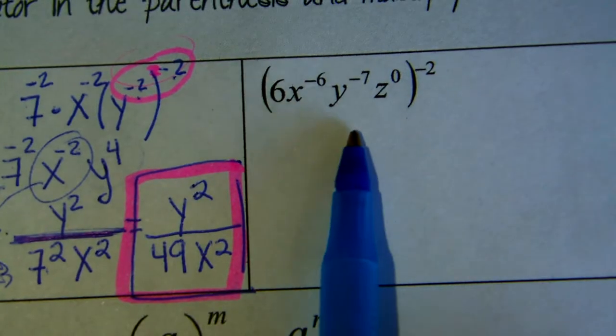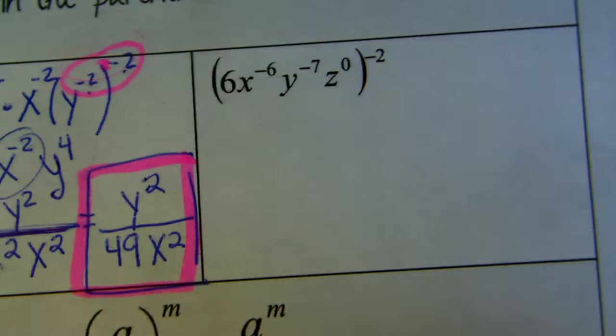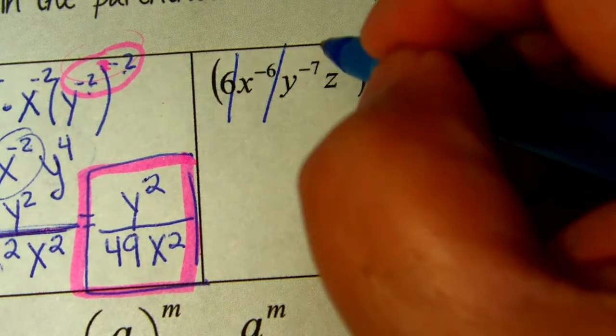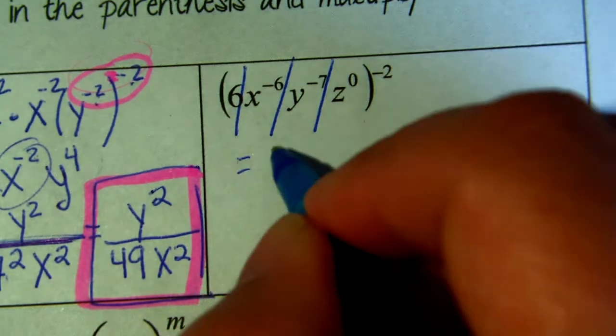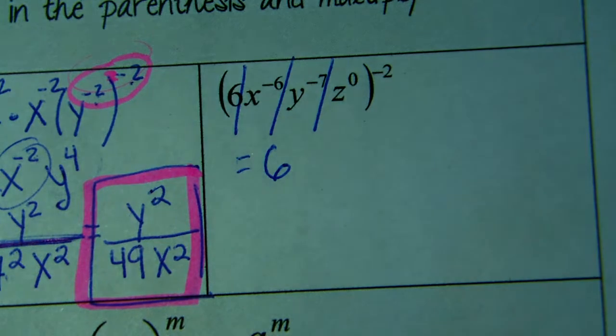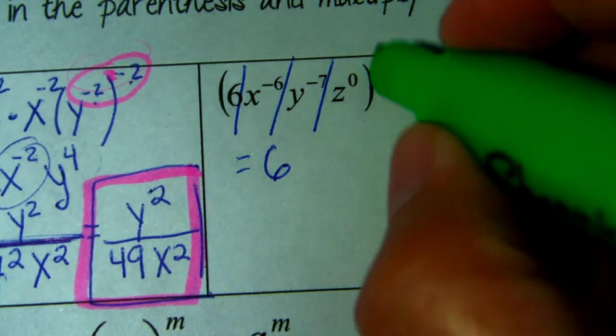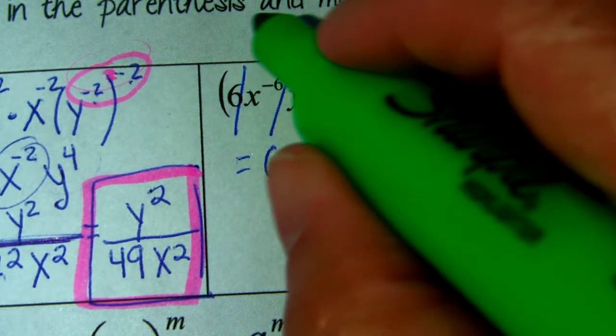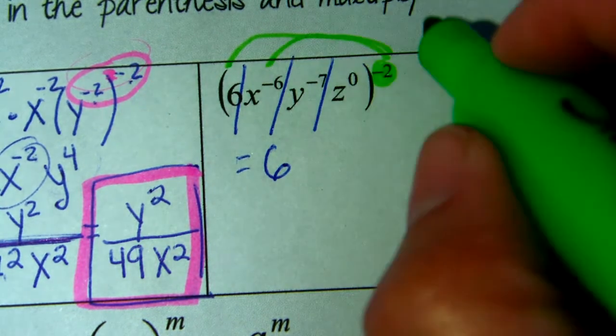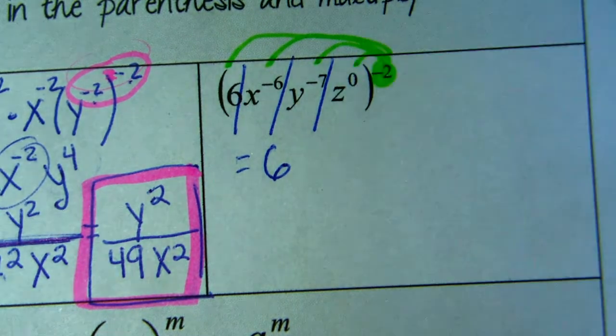Let's do this one. Okay. Let me split them like this. Right? So we have 6 to the power of -2. Remember, this is going to be affecting each one of these.